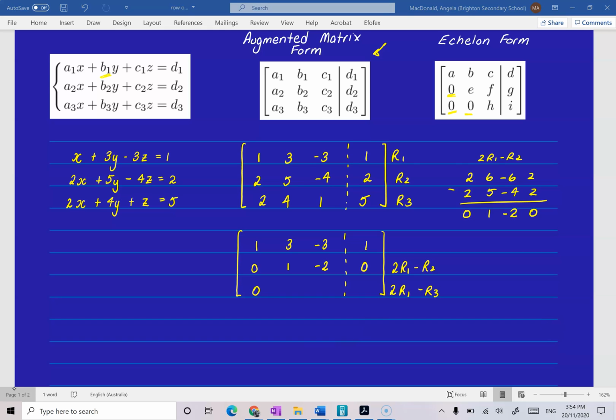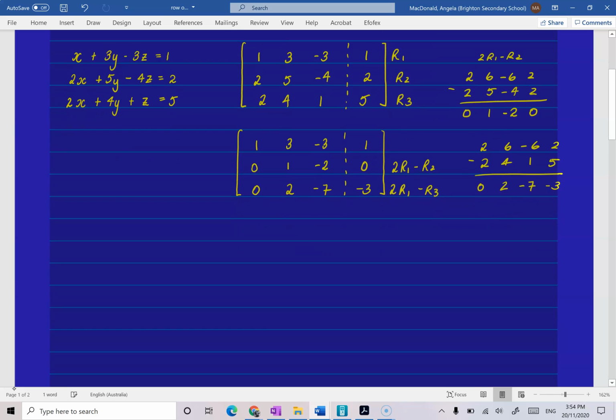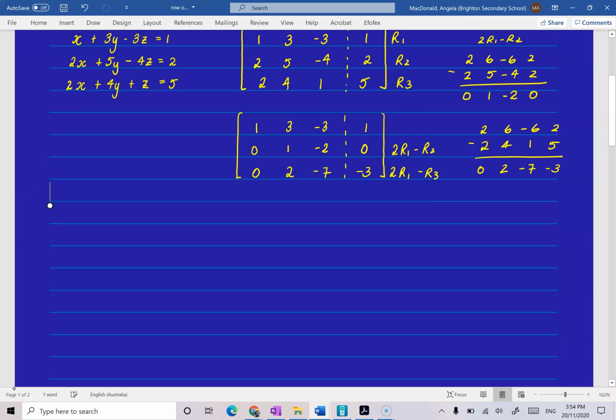So that becomes 2, 6, minus 6, and 2, and we're now subtracting row 3, which is 2, 4, 1, 5. Right, 2 take 2 is 0, 6 take 4 is 2. Keep on going. All right, we've got 2, minus 7, minus 3. Let's hope you were playing along with this at home and you're ahead of me.